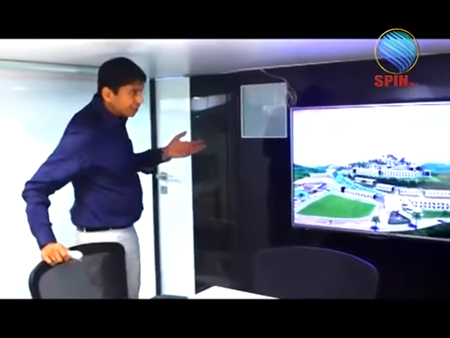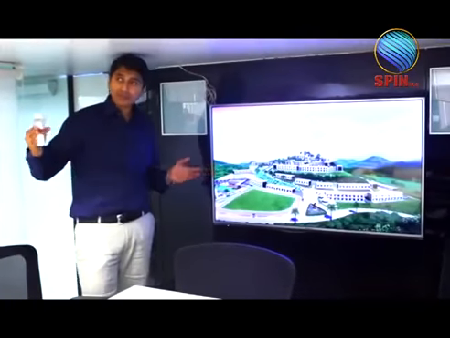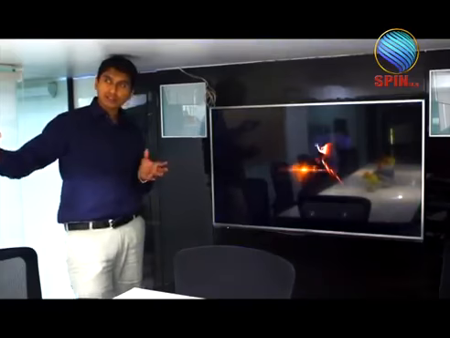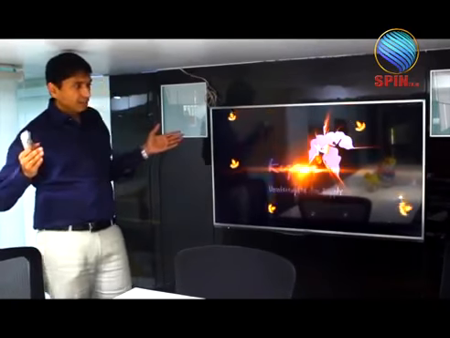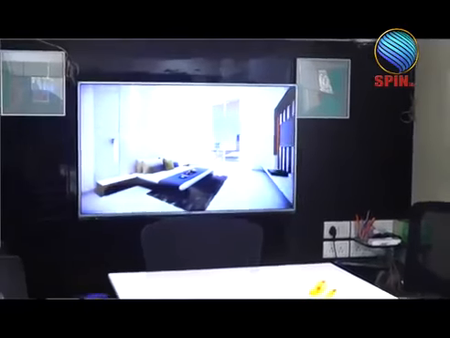This at times can also be used as an informal discussion area, as people love to sit in a group and discuss. As a presentation is happening on one side, the people on the other side can view it, with a distance kept in terms of the eye level, which has been placed accordingly.